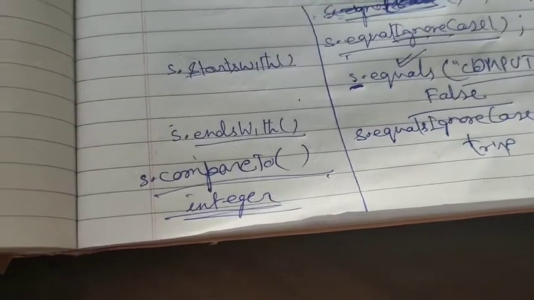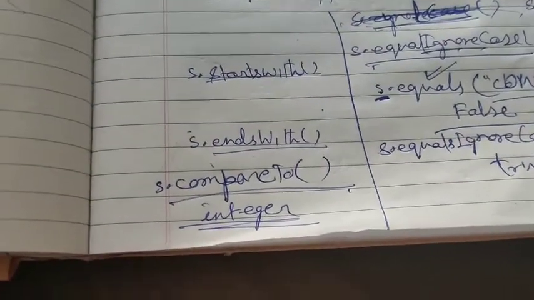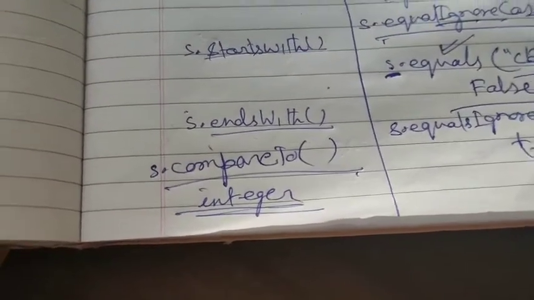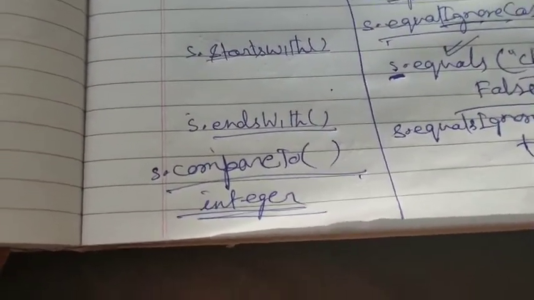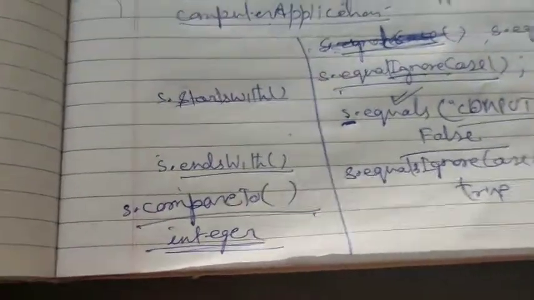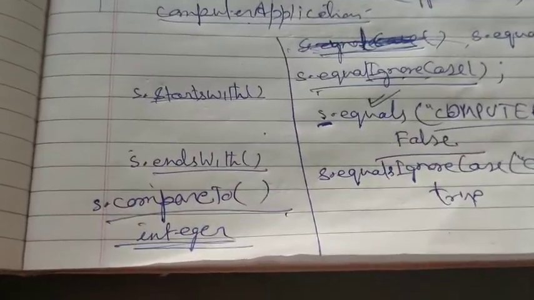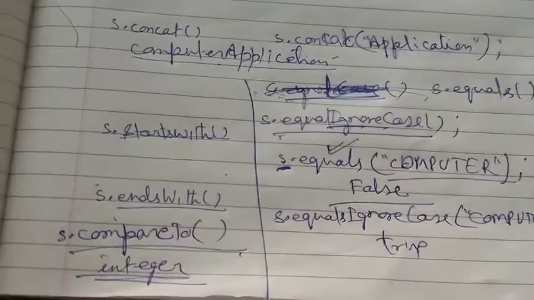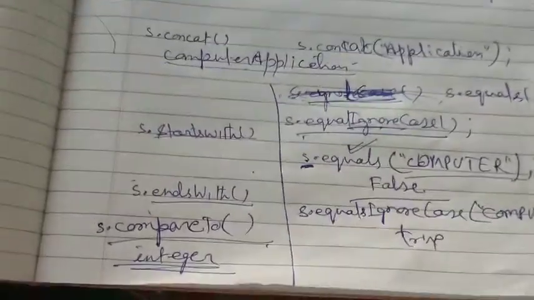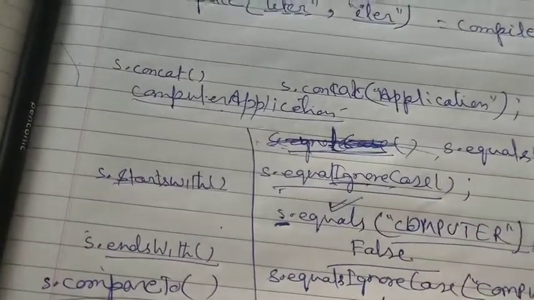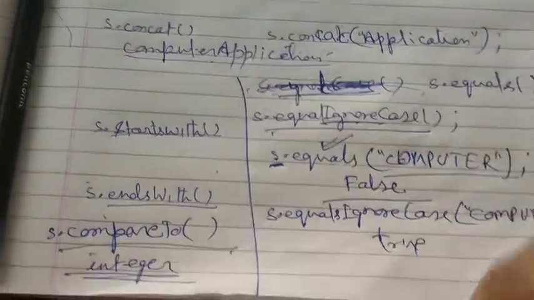In this way we can use the compareTo function, and compareTo helps us arrange words in lexicographic format, that is dictionary format. But this year you do not have a sorting program, so I don't think compareTo will be used. It is generally used in programs to sort names or alphabets in string arrays.